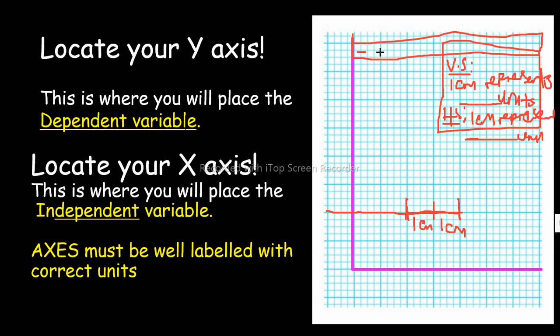Then you have your title somewhere here, and then you label your axes. And axes must be well labeled. With a 0, you can draw something; they cross each other like this. Since the data is continuous, these axes must have arrows.